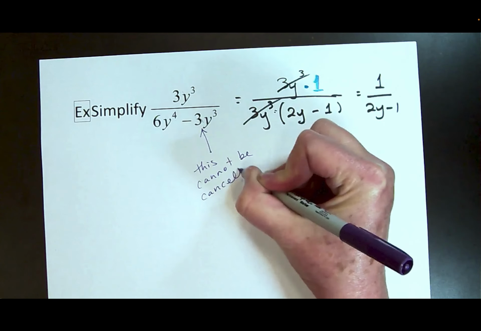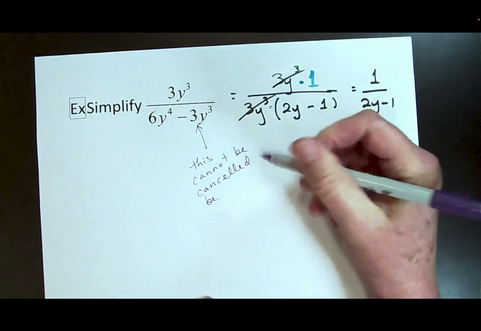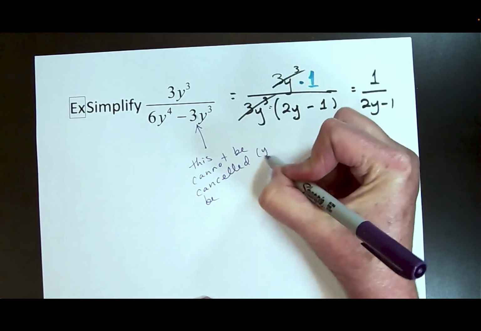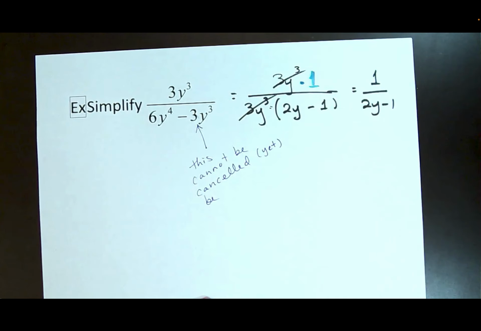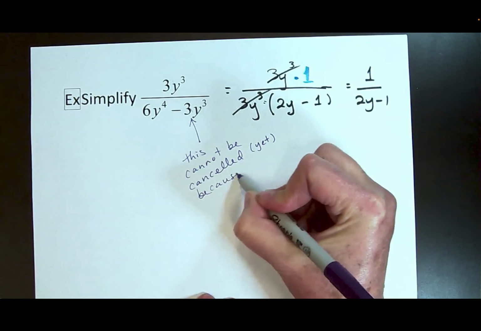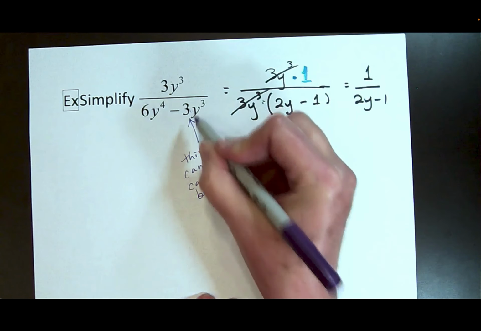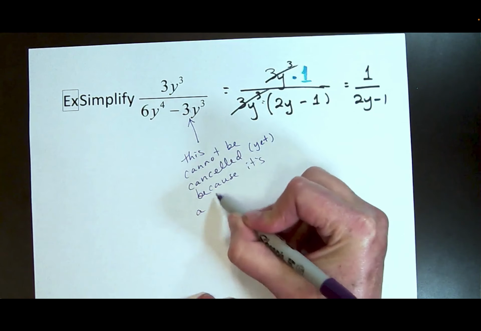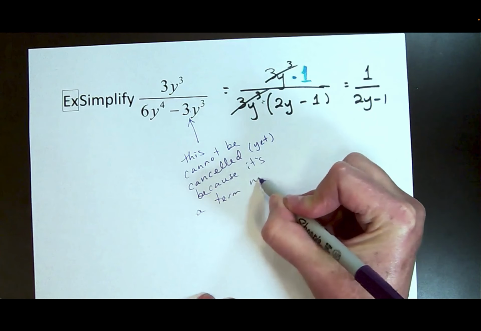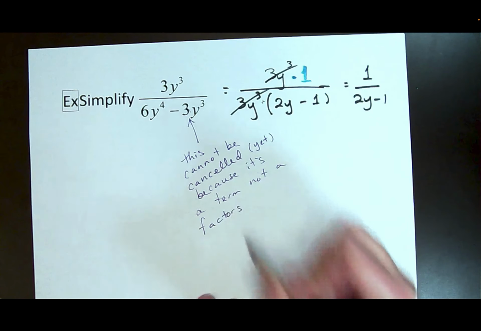Why? Because it's not a factor. I'll say yet, because eventually we cancel a 3y cubed. But this 3y cubed is, what do we call that kind of thing? Yeah, that's a term, not a factor. And only factors can be canceled.